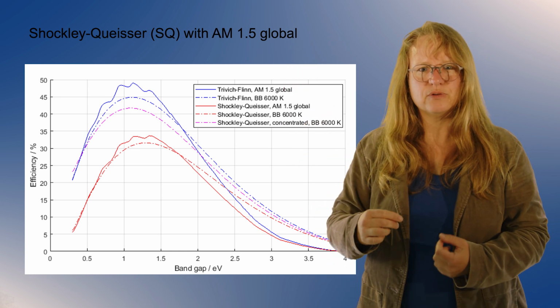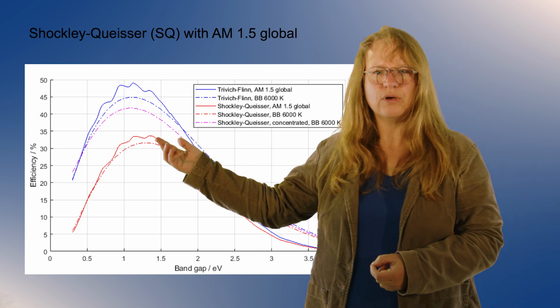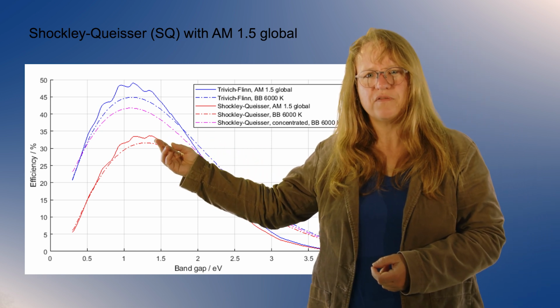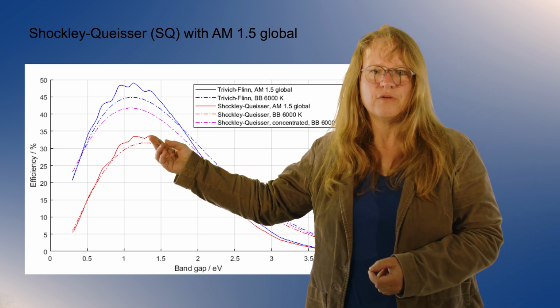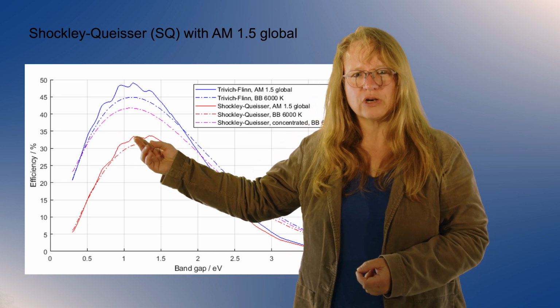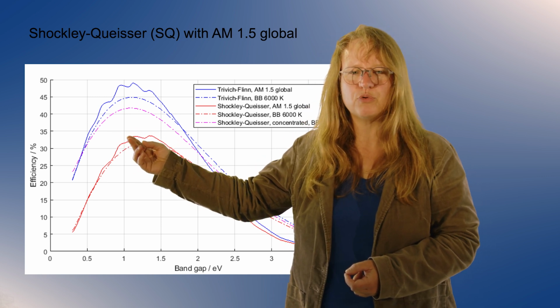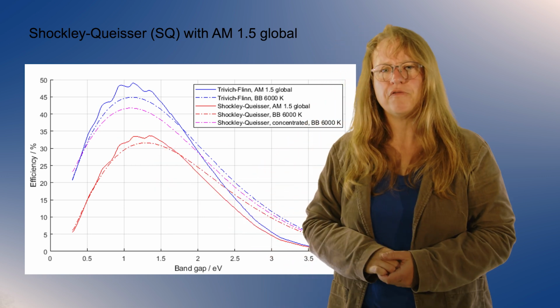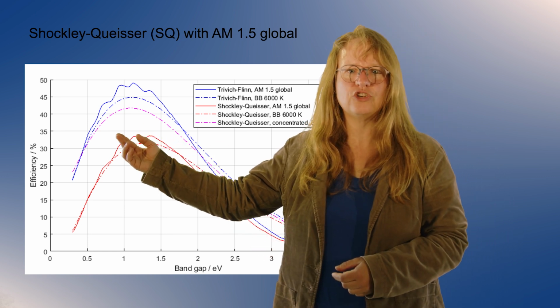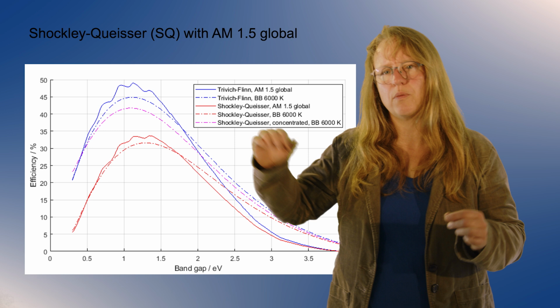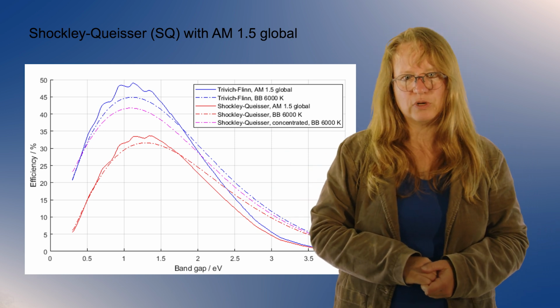So from these values, we can then see that if we use the AM 1.5 global spectrum for the Shockley-Queisser limit, we actually have around 33% efficiency here for band gaps that are in the range of 1.1 to 1.3 electron volts about.